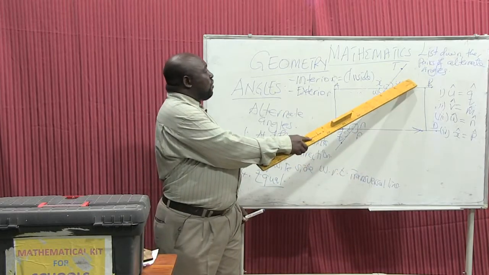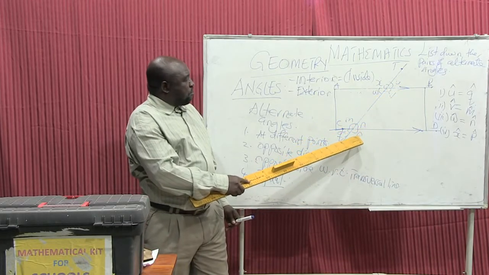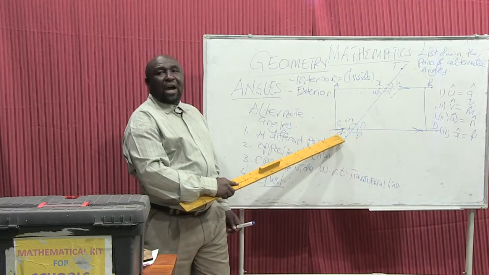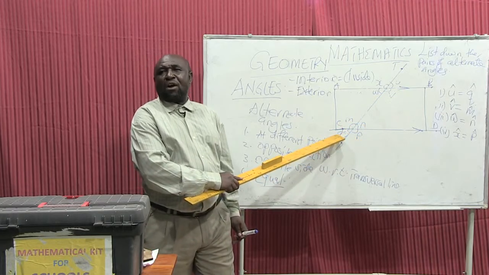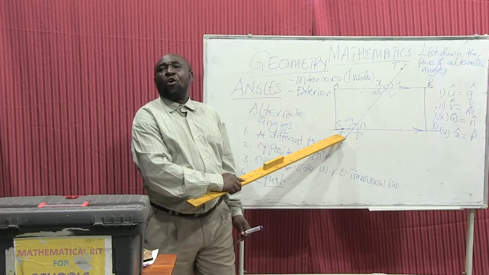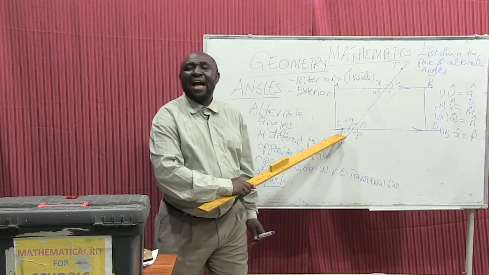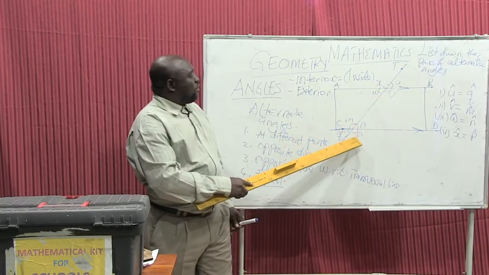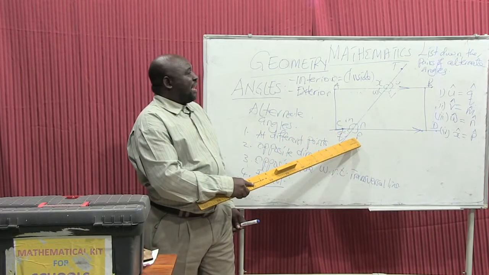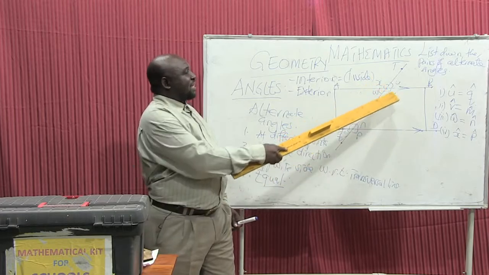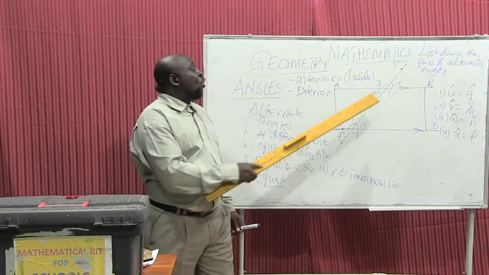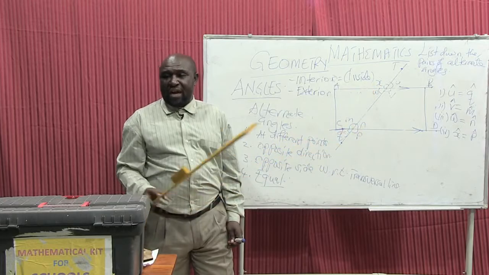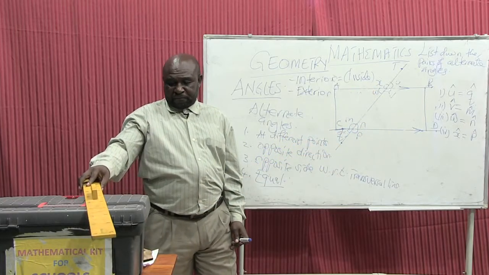Angle U and angle Q are outside, but they are alternating. So you call them alternating exterior angles. Angle X and angle P are outside the rectangle. So you call them alternating exterior angles.